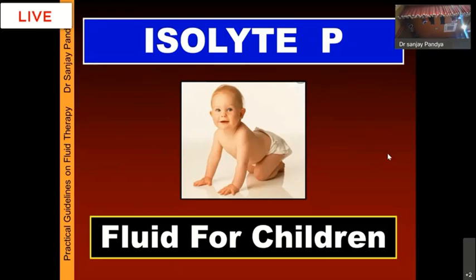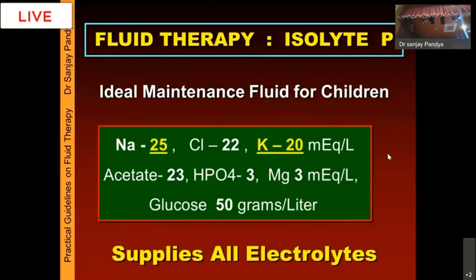Anybody from pediatrics? Yes, very few, at least two or three people are there. See, Isolyte P, when we were students, in a pediatric patient we had to start with Isolyte P because it provides everything. Sodium 25 milliequivalent, chloride, potassium, acetate, phosphate, magnesium, glucose, everything.